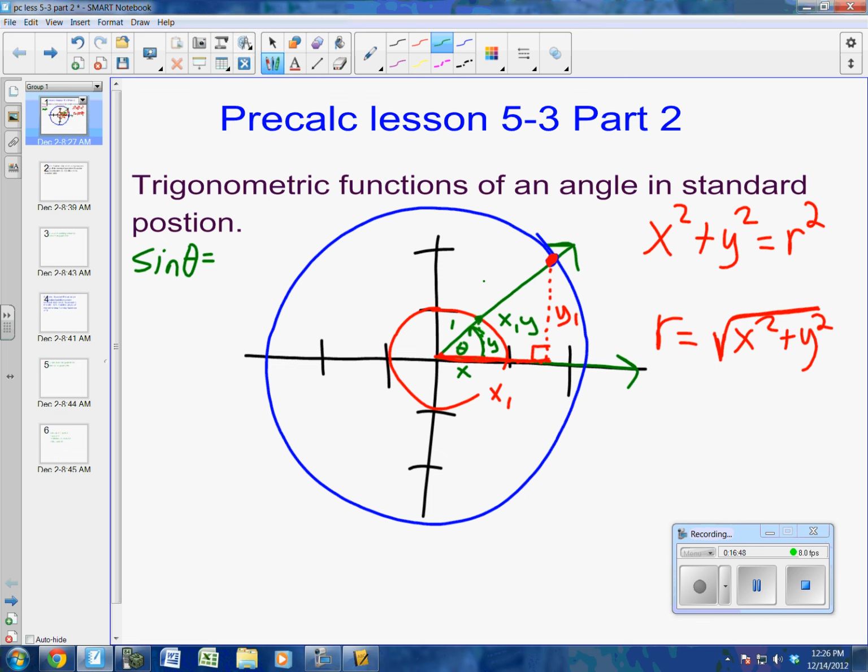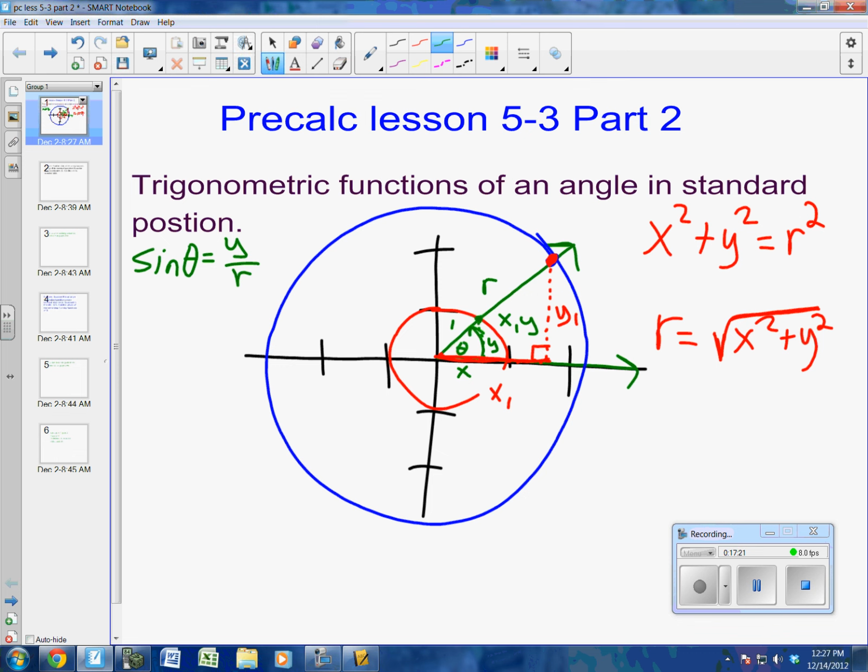So the definition of this is y over r. What's the difference between this sine of theta, which is y over r, and the other one that's y over 1? The radius is another number other than 1, right? It is on a unit circle. Now we're talking about a non-unit circle.